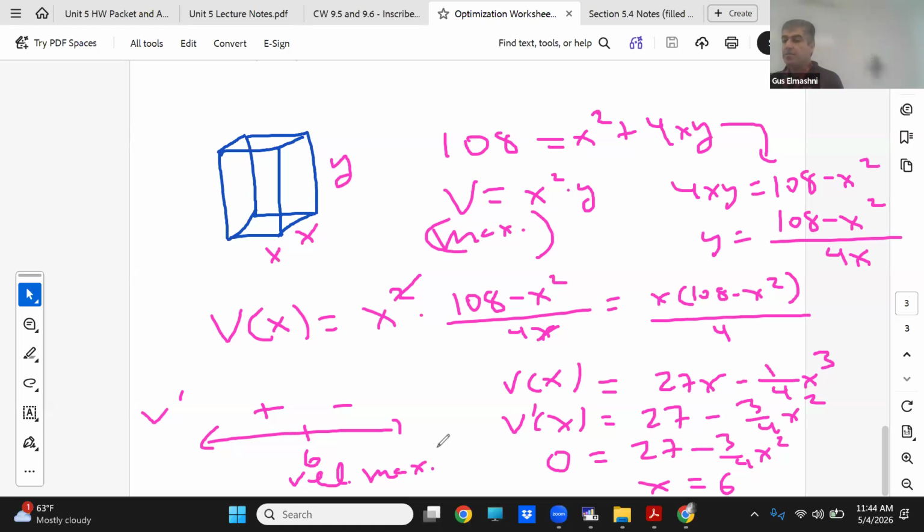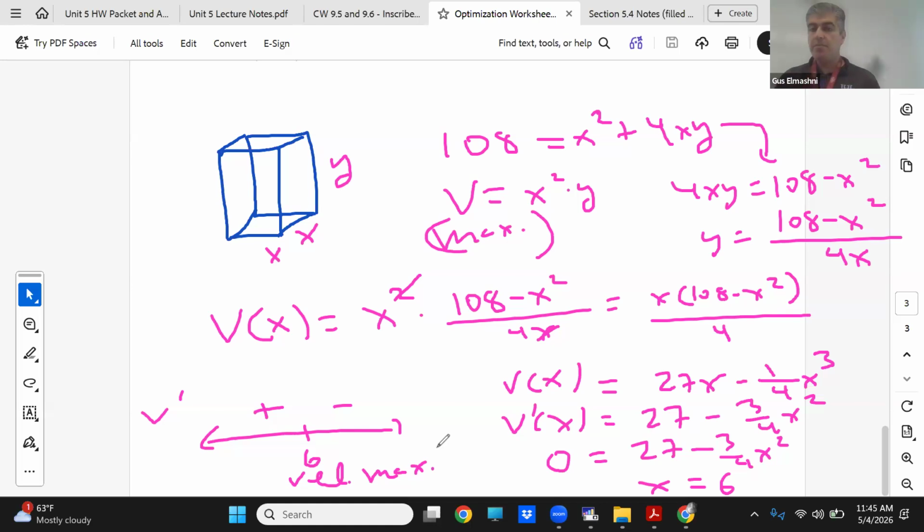If I look at any critical points here, x can't be 0, right? That'd be a problem, because then how are you going to get 108? That's impossible. It could be close to 0.